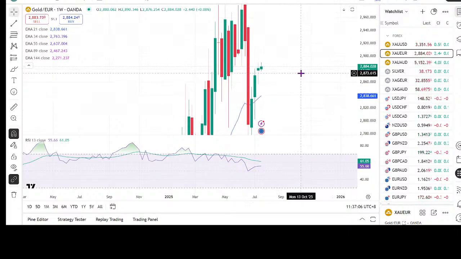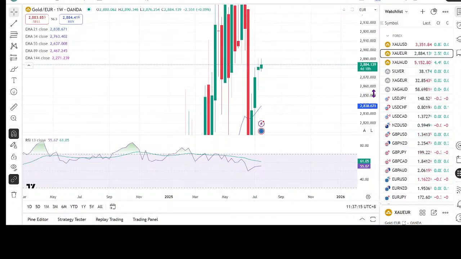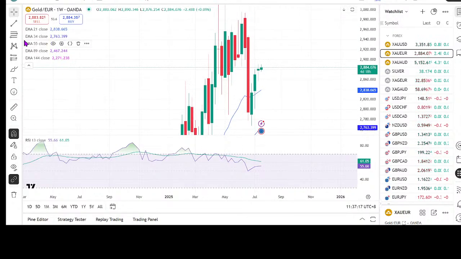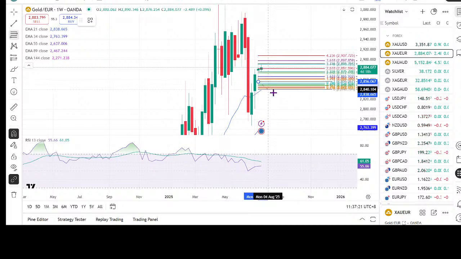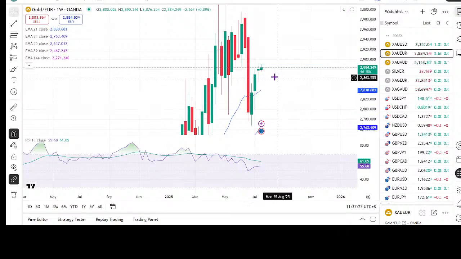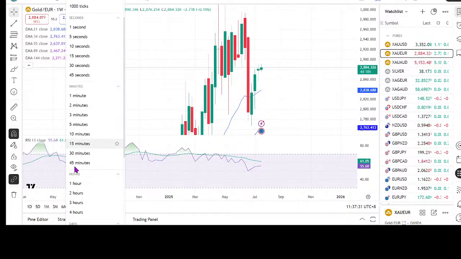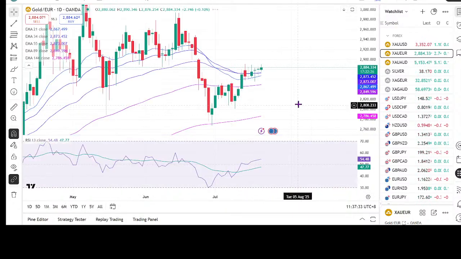So if we are going for a weekly low, the low should be 2855, or an extension of this low, which is 2870. Okay, 2870. So let's see the day, then at least we might get a clue.